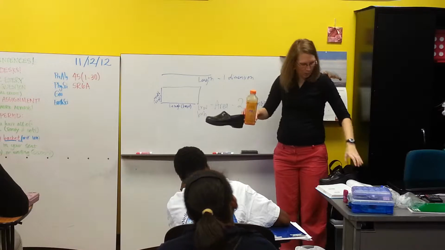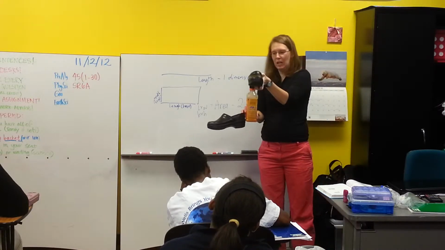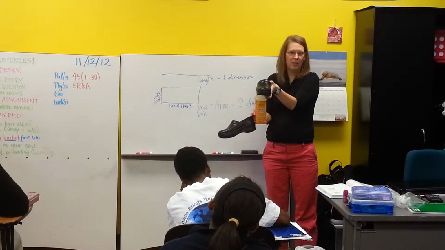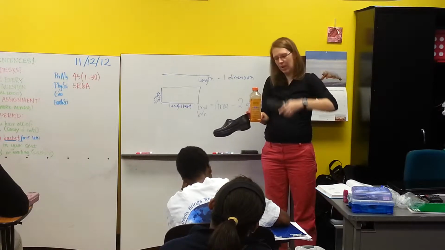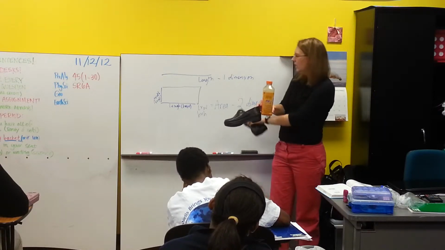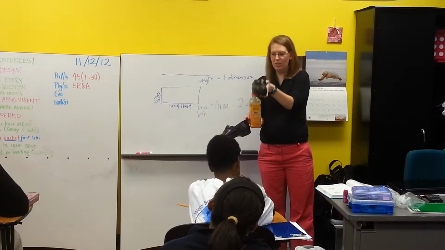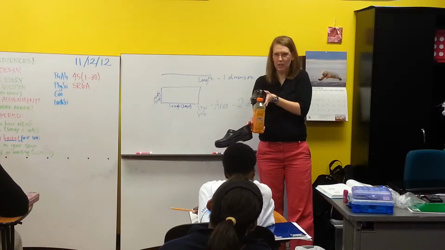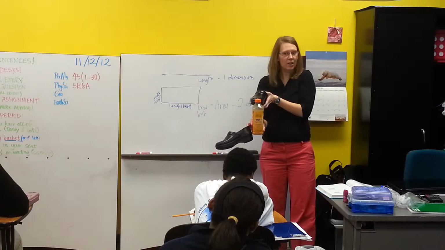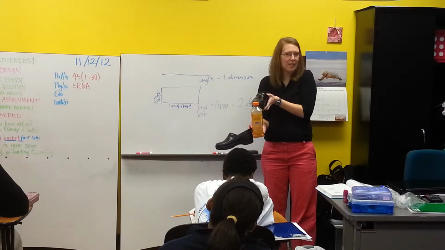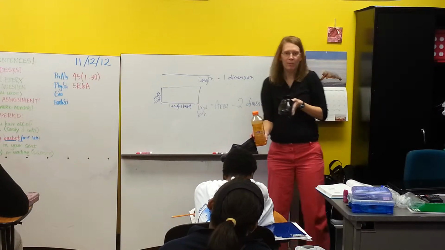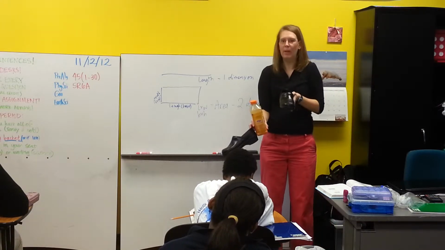Now what if I add a third dimension to it? Okay? So now it goes up and down, side to side. I've got a length and a width. But now I add a dimension either towards you or away from you. And if I were able to close that in, that would be like a 3-dimensional box. It comes towards you or away from you. It moves side to side and it moves up and down.